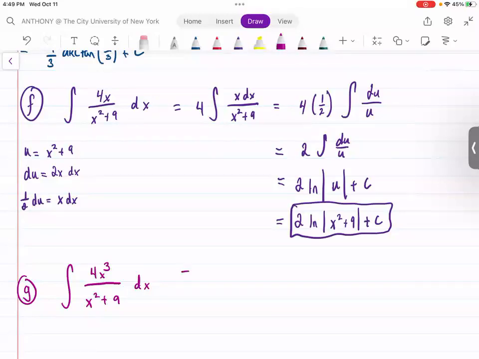Right? So if the degree of n, meaning the numerator, is greater or equal to the degree of the denominator, then apply long division.